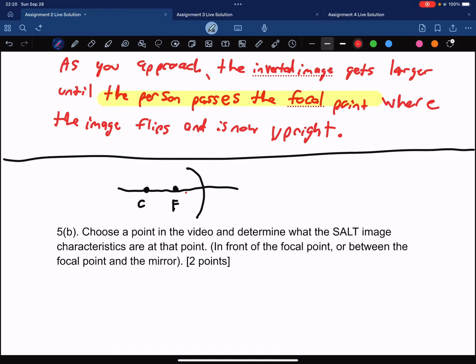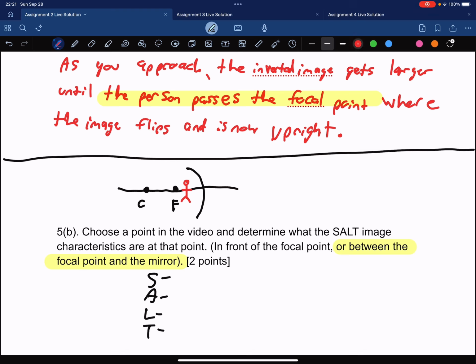I'll do one for the person being right here. Most people did the image characteristics for an object right here, so that's why I'm choosing this. So this is for an object between the focal point and the mirror. That is what I am doing here.